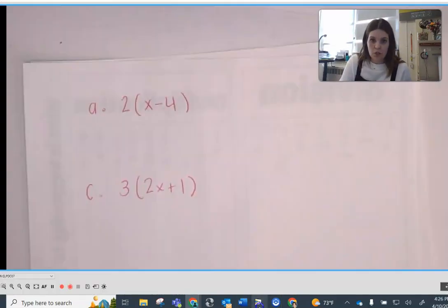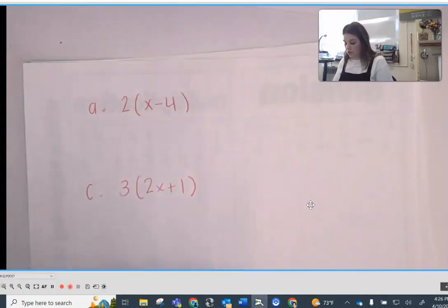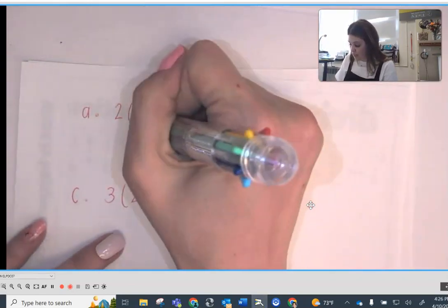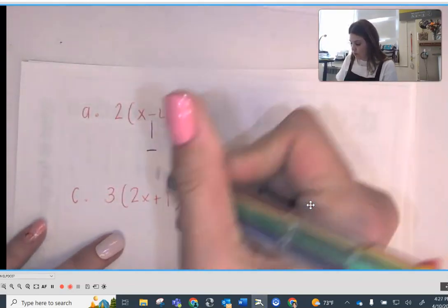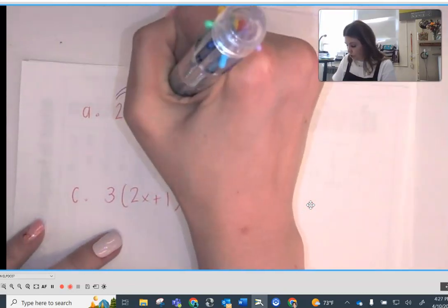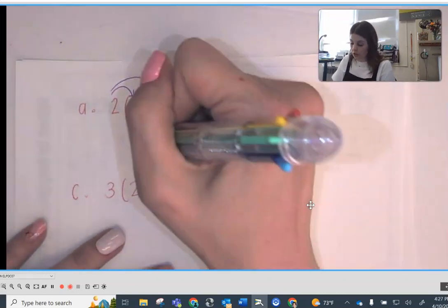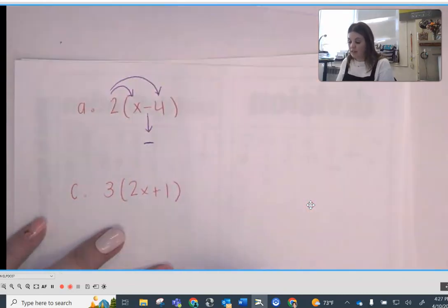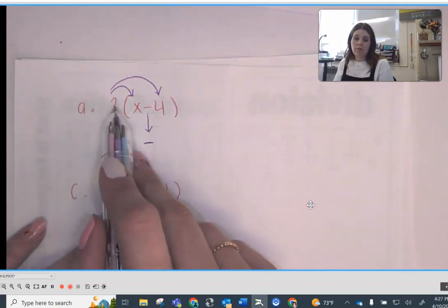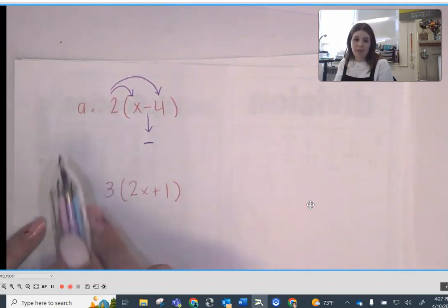Okay. So letter A, what we're going to do is bring down this negative and distribute the 2 to the terms. So we're bringing the negative down, we're going to multiply the 2 by each term. This is straightforward because there's not a negative here.